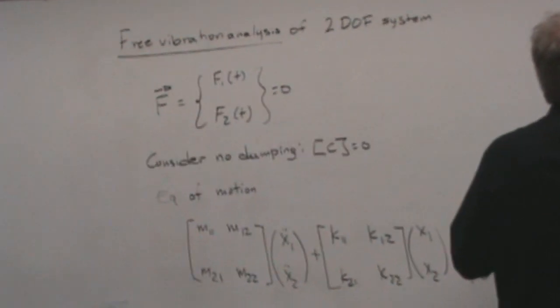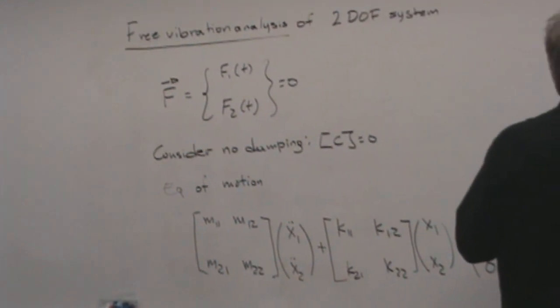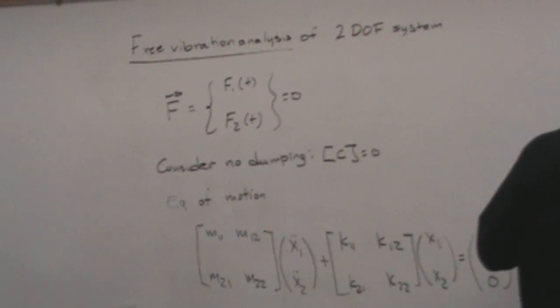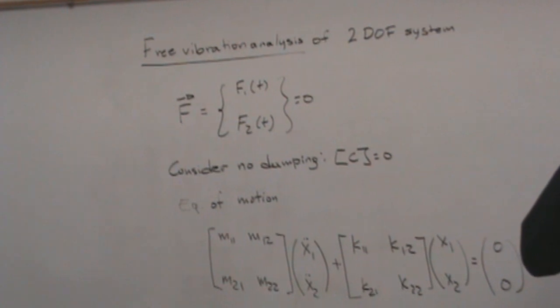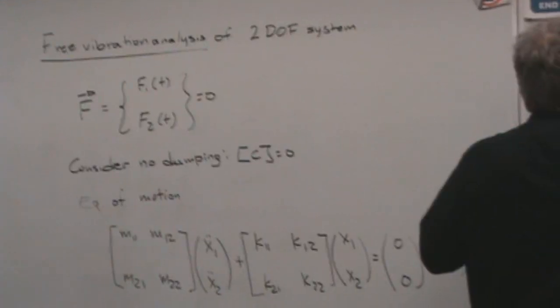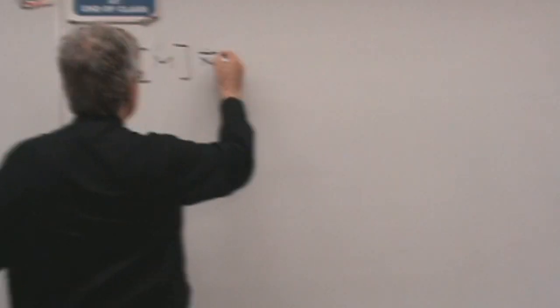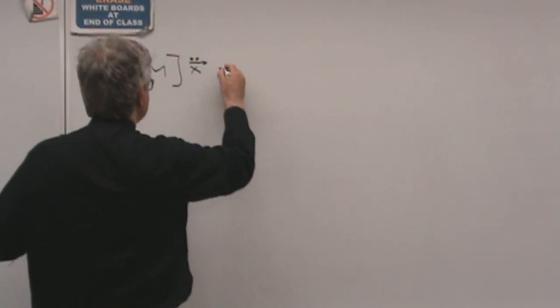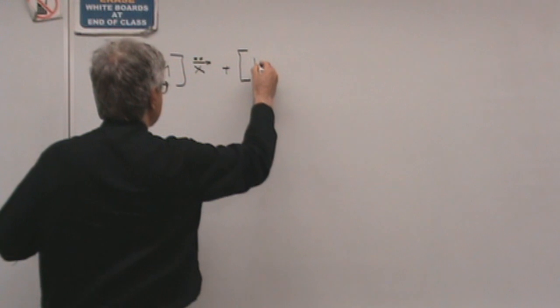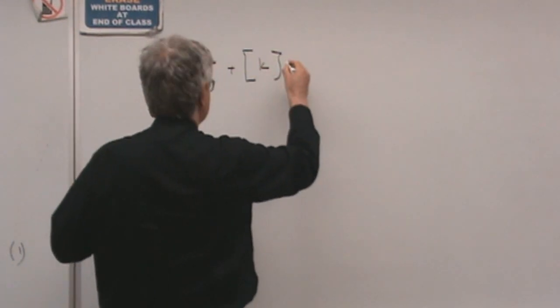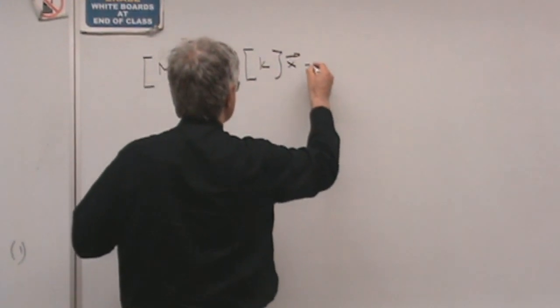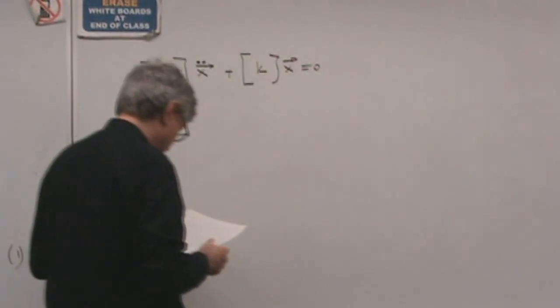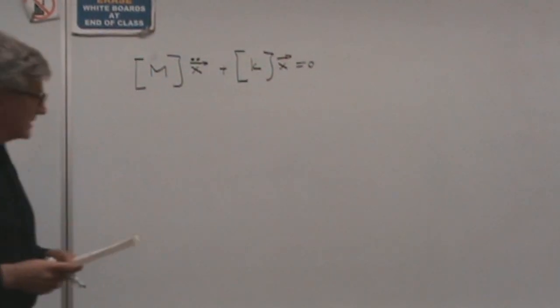Or you can write it in a simpler, more compact form: mass matrix times the vector of accelerations plus stiffness matrix times the vector of the displacements is 0. Okay.